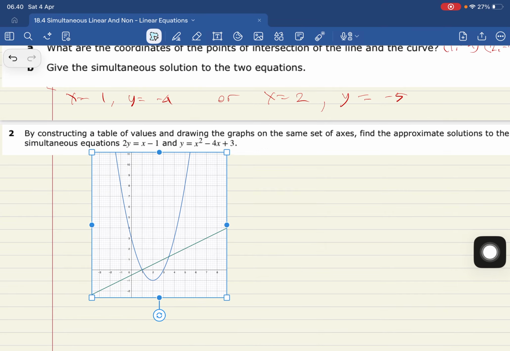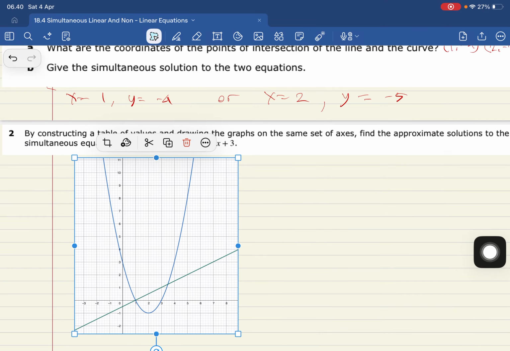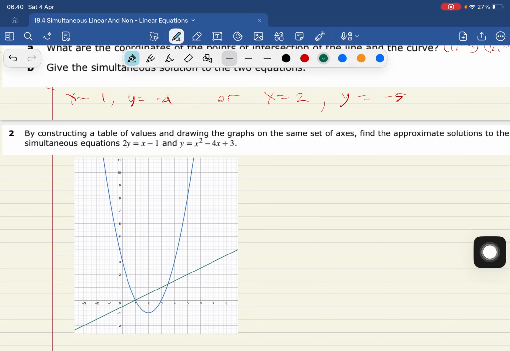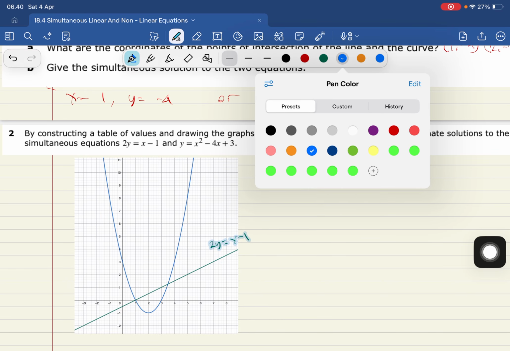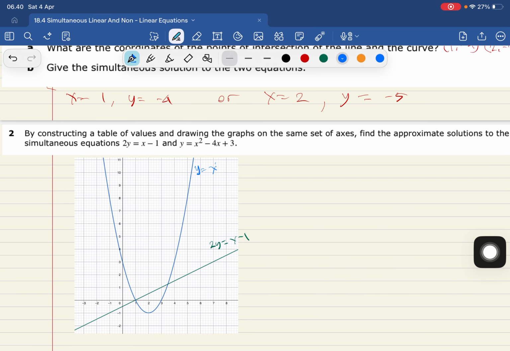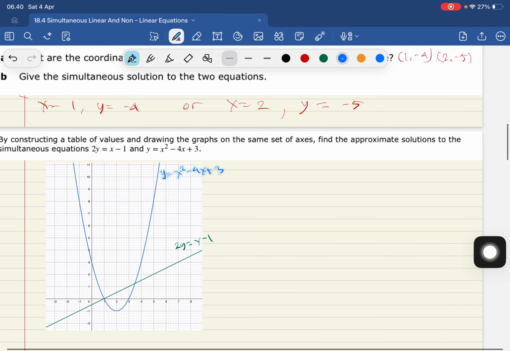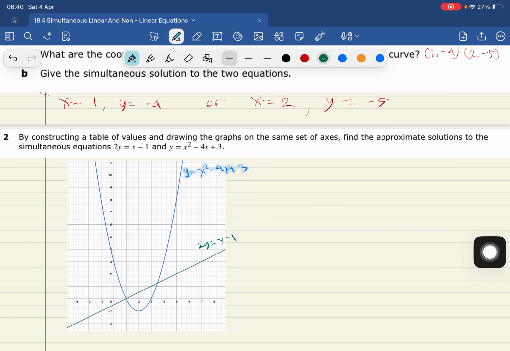Here is the graph. The green one is 2y equal to x minus 1. The blue curve is y equal to x squared minus 4x plus 3. So the approximate answer is this point first, and here the second point.